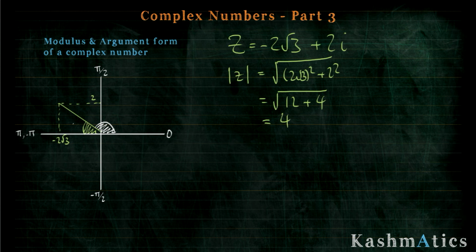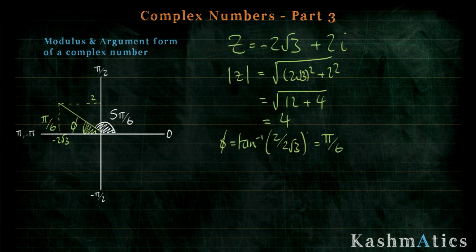This angle here, I'm just going to label it phi, so that would equal the inverse tan of 2 over 2 root 3, which is equal to pi over 6. So this angle here is pi over 6, which means this angle here would be 5 pi over 6, because I've got pi over here, so pi is 6 pi over 6, take away pi over 6 is 5 pi over 6.